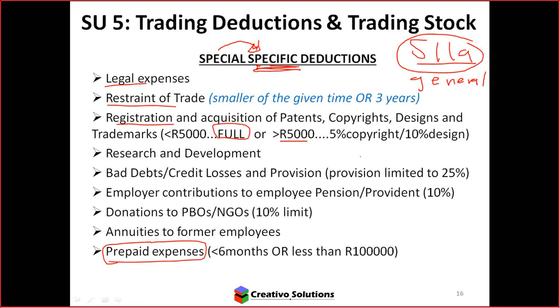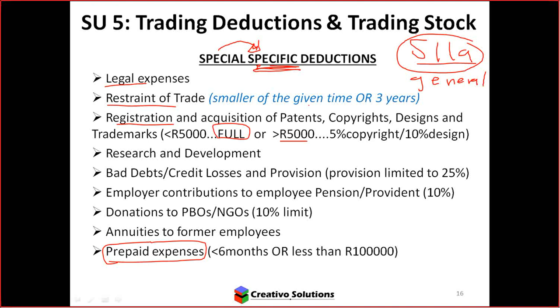Okay, so some things you can include, some things you can't. And if it's a specific deduction, you will always be able to include it as long as it meets the requirements laid out in the Act. Yes, sir. Okay, and all of these line items that you have on the slide come from different parts of the Income Tax Act. That's why the legislation is very good, because if you go to the legislation, SARS will tell you exactly what they will and won't allow you to claim. Yes, sir. Okay.